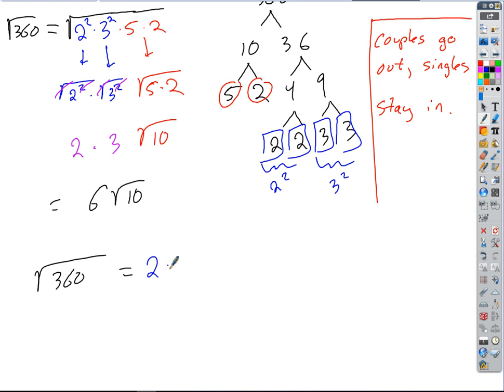I have a couple of 3s, so 1 3 goes outside, and all the singles just stay inside. So that takes us right to our answer, doesn't it? We just end up with 6 times the square root of 10.